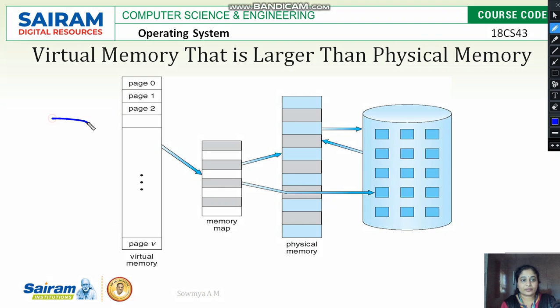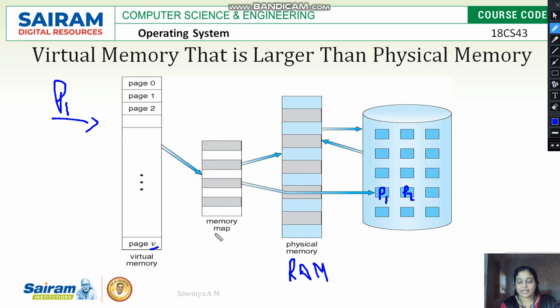Let's consider there is a process P1 which has pages from 0 to V, and it is stored in some part of the storage device. The main memory, which is RAM, may not have the complete 0 to V pages stored.